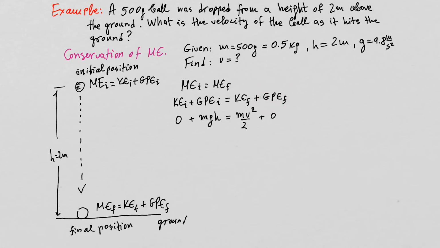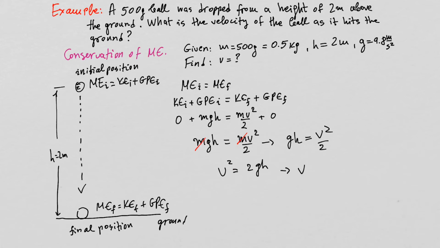Okay. So then what we have left to work with is that mgh is equal to mv squared divided by 2. Since I have the mass on both sides, that will cancel out. And so from here we have that gh is equal to v squared divided by 2. I'm going to rearrange the terms and solve for the velocity. So v squared is equal to 2 times gh.